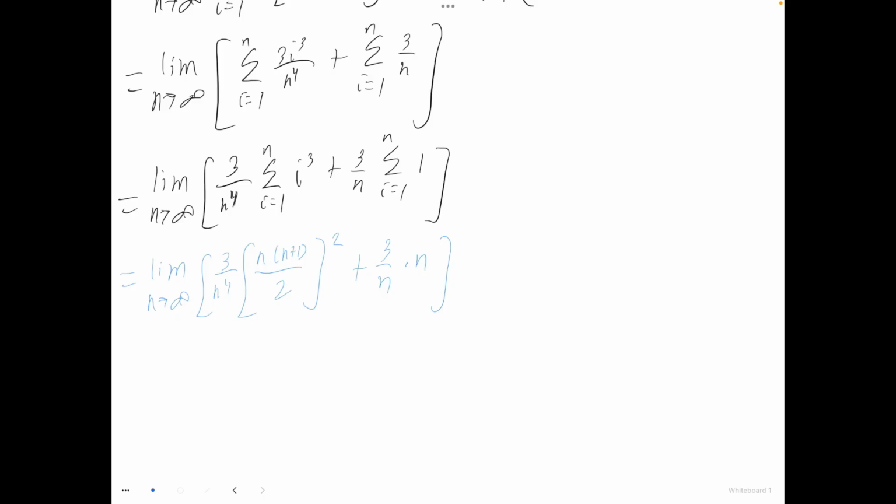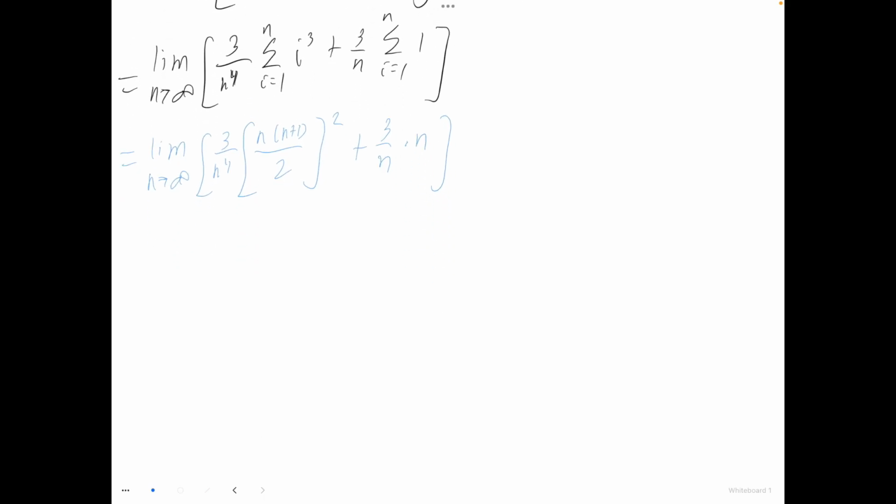And now we want to simplify this expression. And so simplifying this expression, we have the following. The limit as n goes to infinity of 3 over n to the 4th. And now multiplying this out, we're going to get n squared times n plus 1 squared over 2 plus 3 at the end.